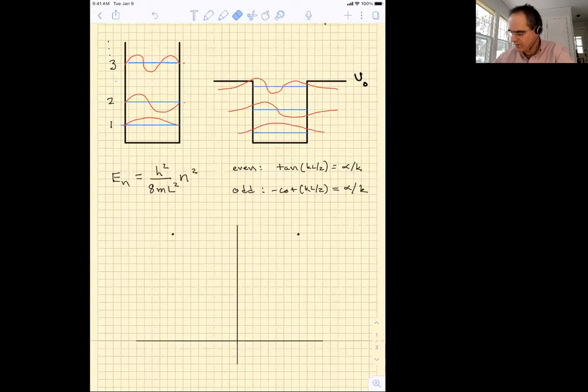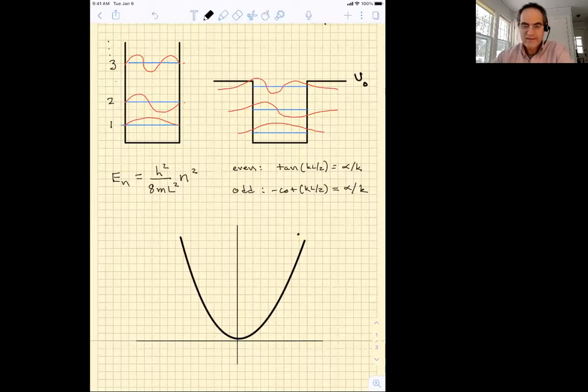Okay, let's try drawing it one more time. I've drawn in some axes here. There we are. Pretty reasonable.